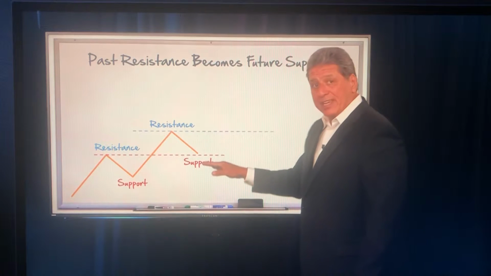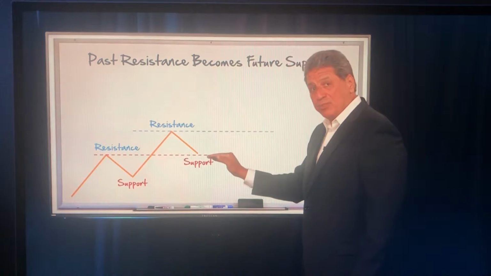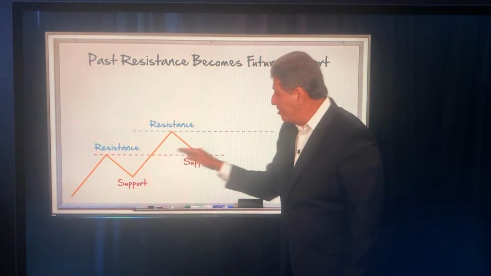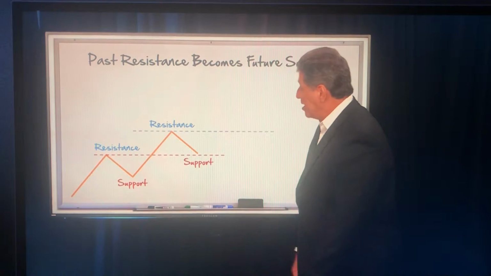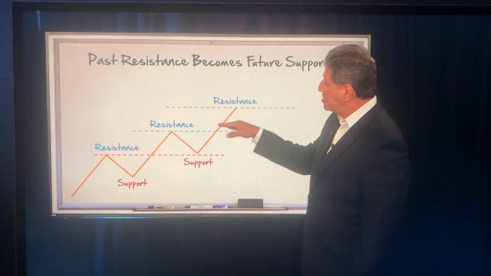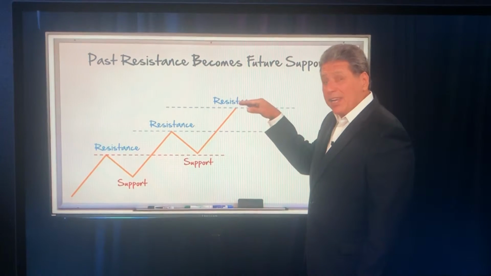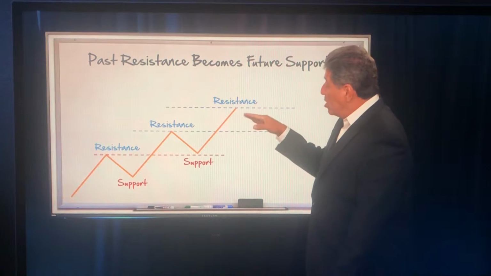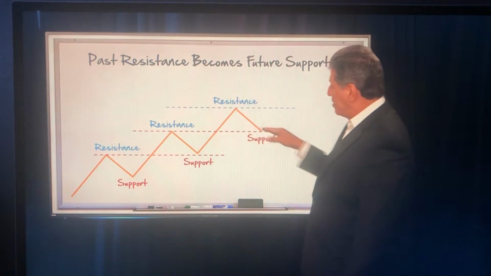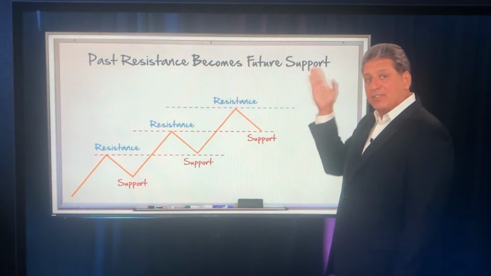So if you were able to identify past resistance becoming future support in this uptrend of higher highs and higher lows, and you bought here, the market comes up, more buyers and sellers, until the bulls resist buying. Then the market creates a high and pulls back to past resistance becoming future support, which is a great location to get in the market to take advantage of the next move.